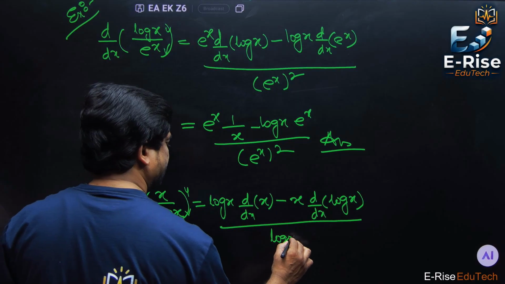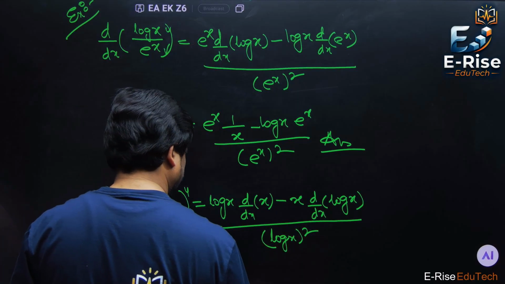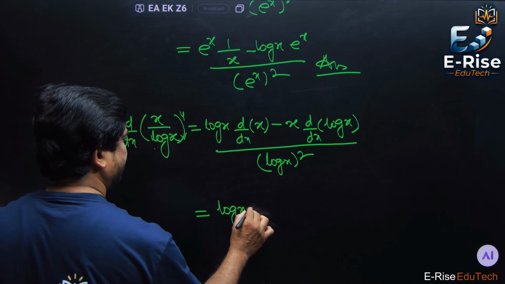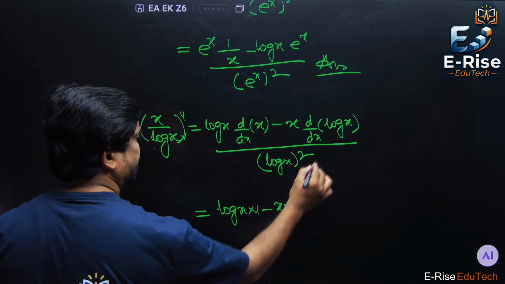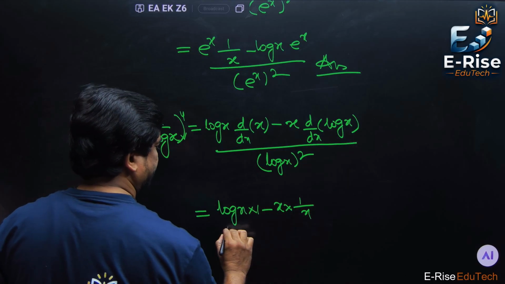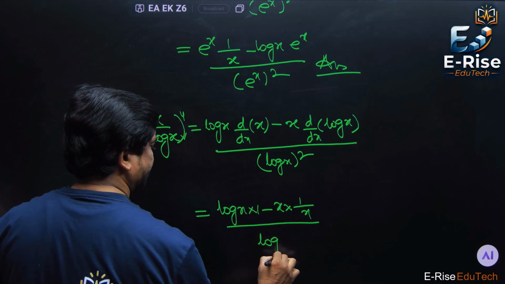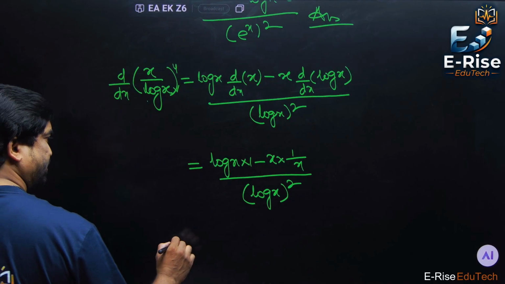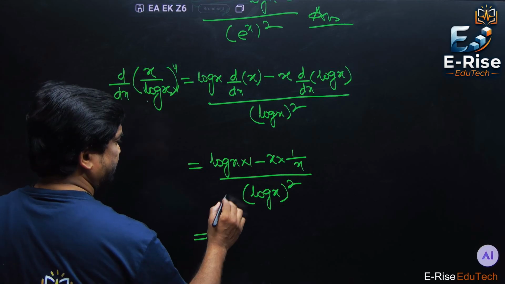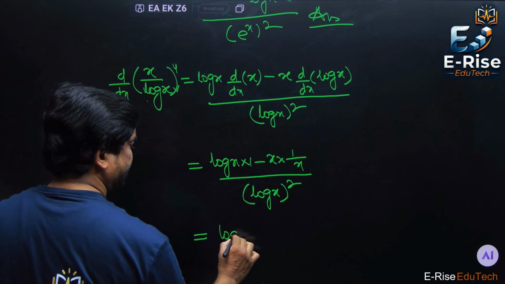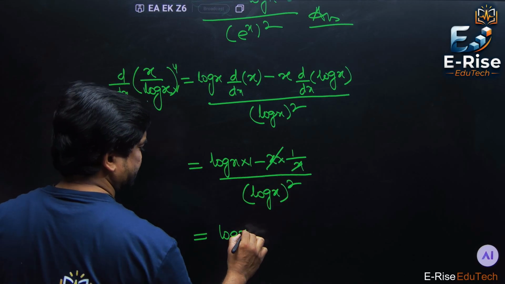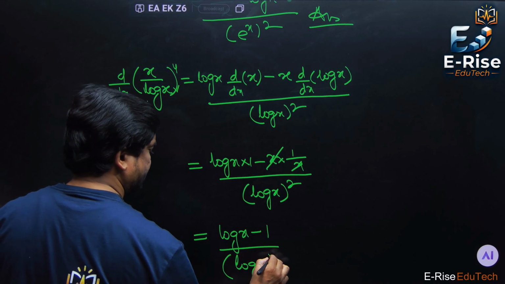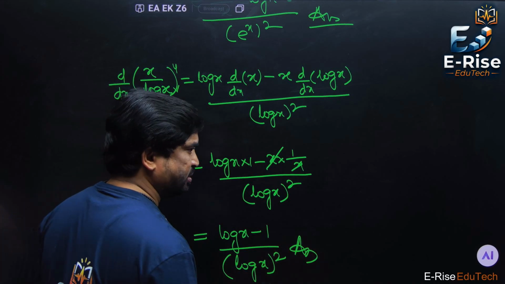V square means log x whole square. Simplify that. Log x into 1 minus x into log x is 1 by x, by log x whole square. Simply log x into 1 is log x only. X cancel, minus 1 by log x whole square. This is the final answer.